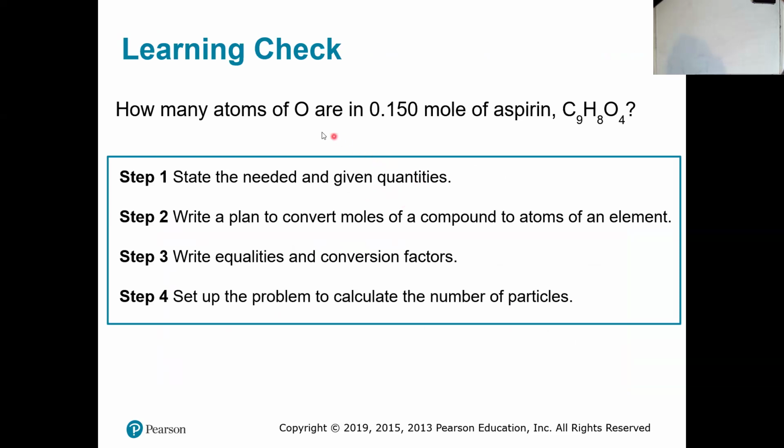We'll look at this question to start with. This one says, how many atoms of oxygen are in 0.15 moles of aspirin? And they give us the chemical formula. So we're going to need two different relationships here to answer that question.